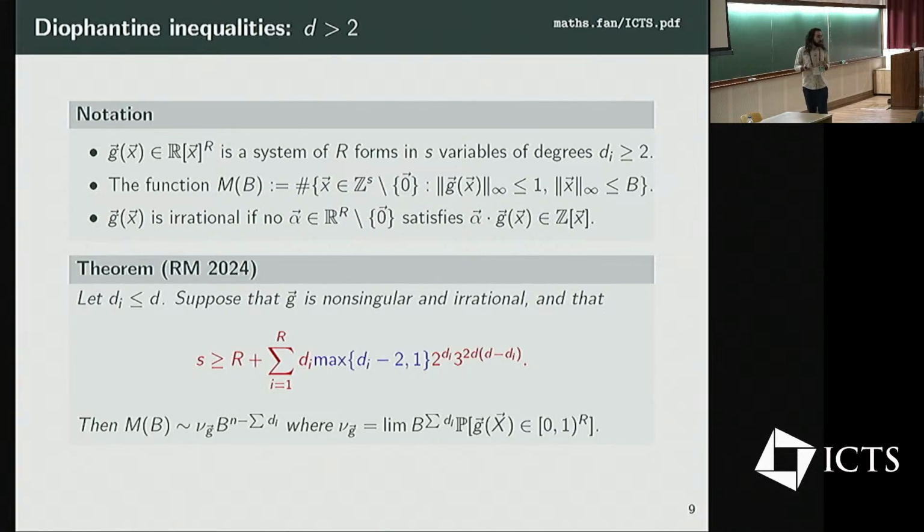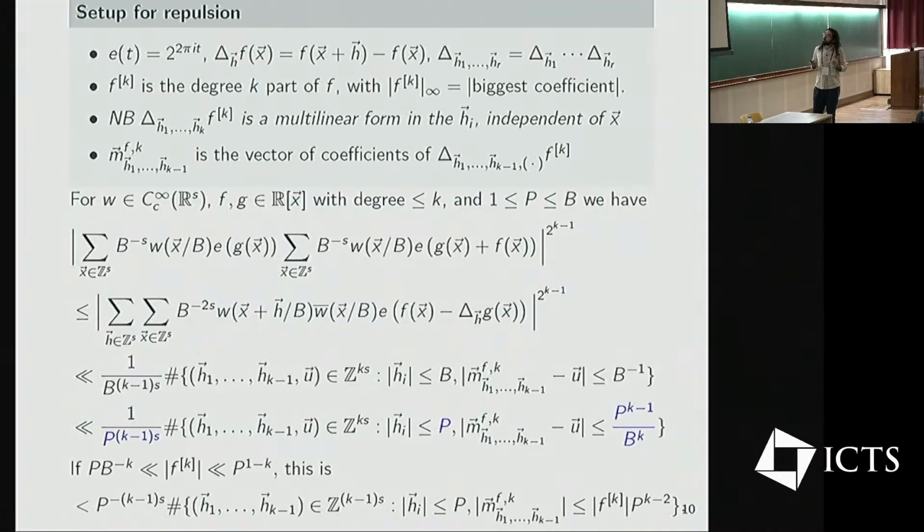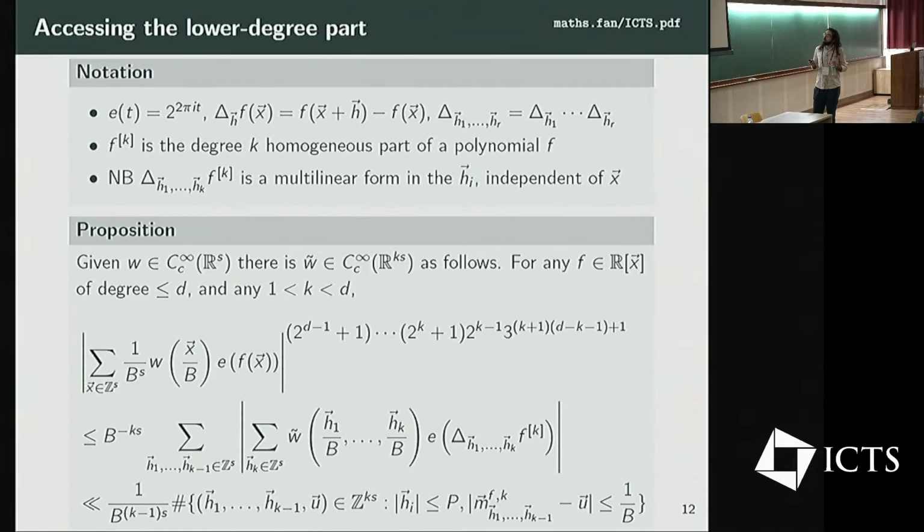Okay. So I have 10 minutes, and I should say something about the proof. So what I'm going to do is skip to the part about detecting lower degree terms, because I think that can be at least stated in a way that can be understood in 10 minutes.